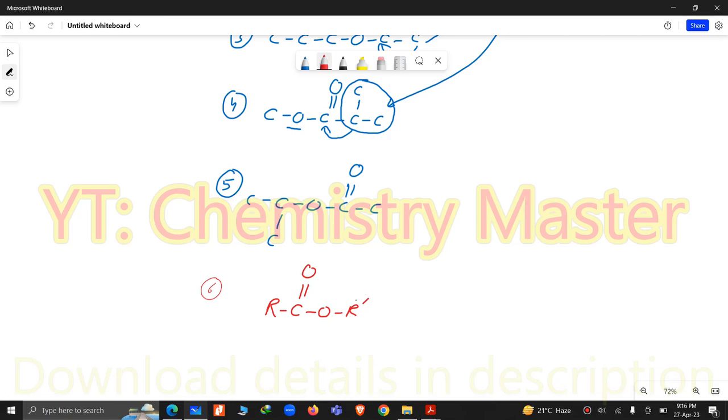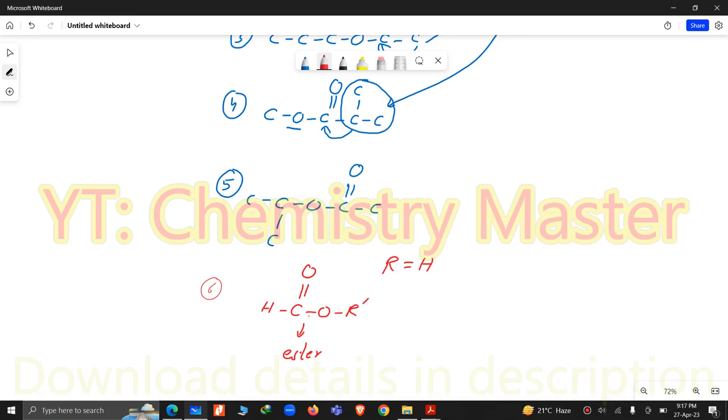If we represent R prime as hydrogen, then this will become a carboxylic group. This is not according to our condition. This will violate it because this is not an ester. But if I represent R with hydrogen instead, I can make this one hydrogen. This will be considered an ester. It is still an ester.